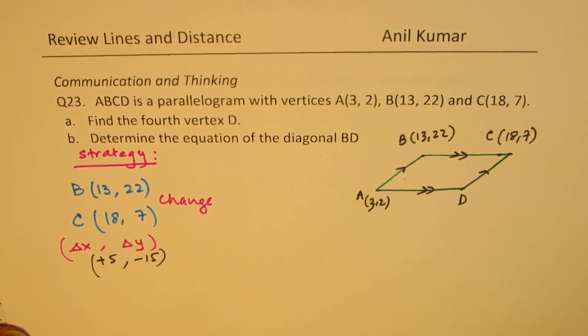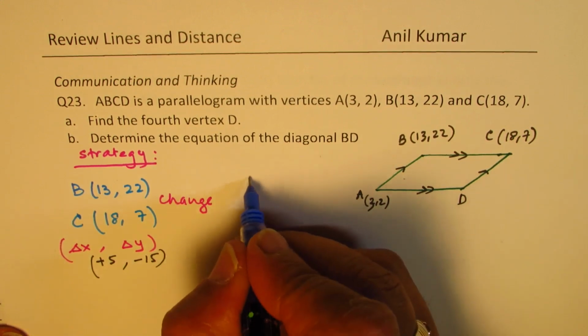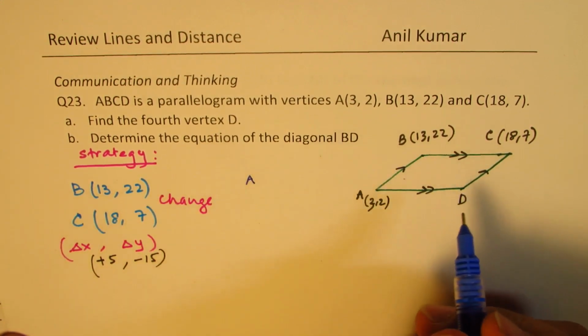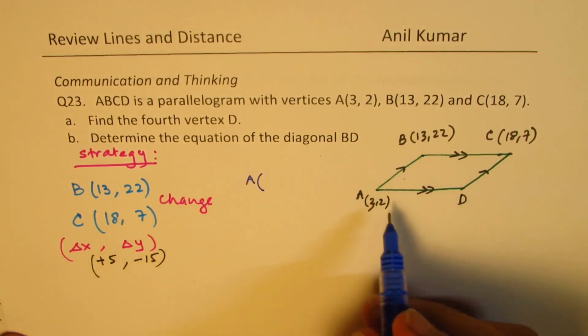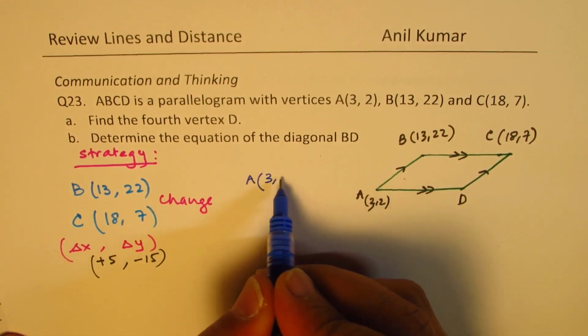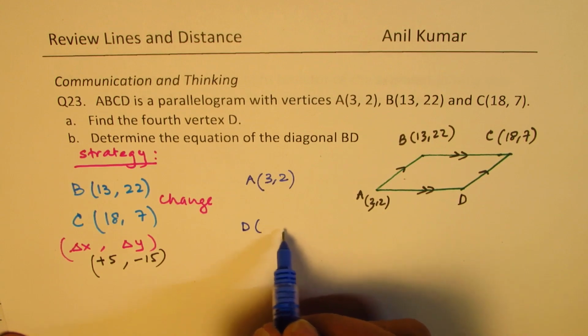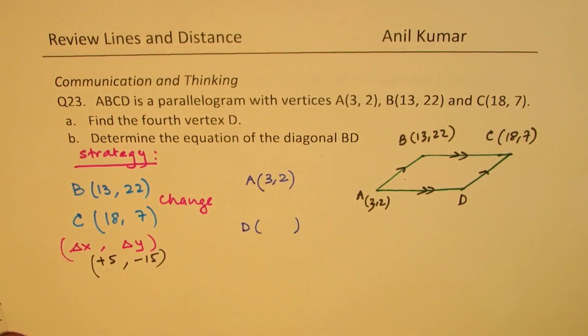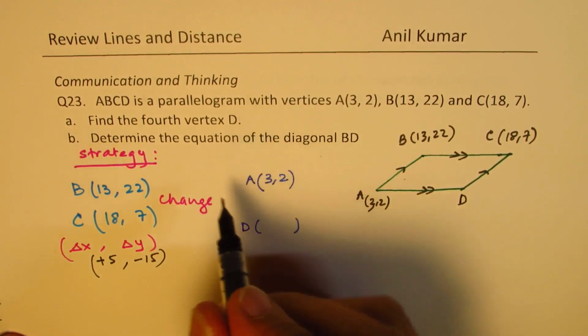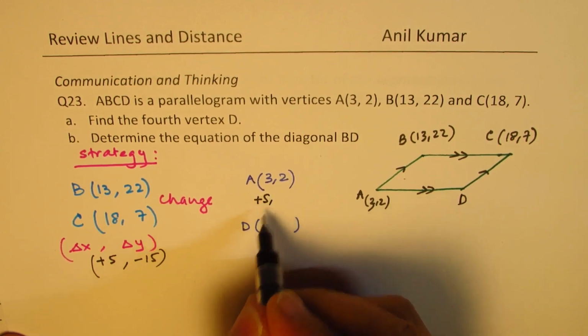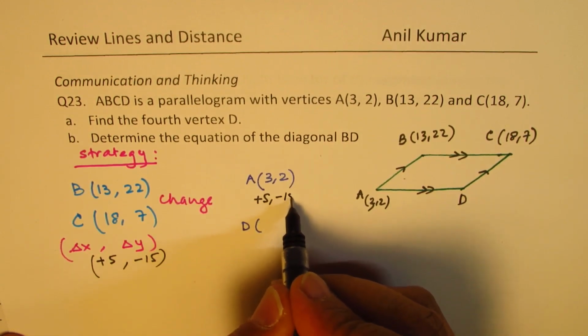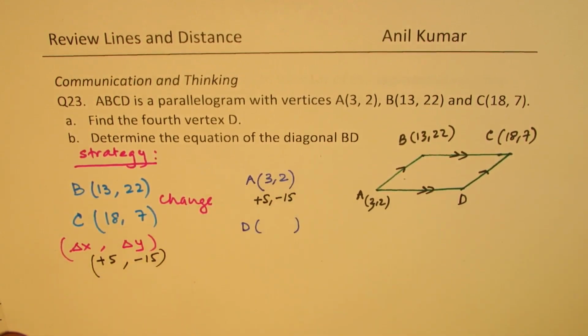So the same change should be there when you move from A to D. So point A basically is (3, 2), right? So if I have to go to D, how should I go? I should add 5 to the x value and take away 15 from the y value.